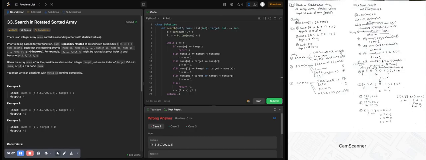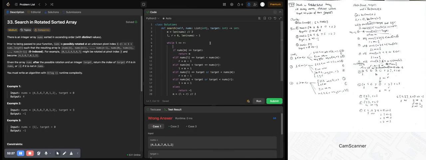Mid value has to be between left and right. Okay. Let's see what we got here every time we enter the loop. Print nums of left to right plus 1.